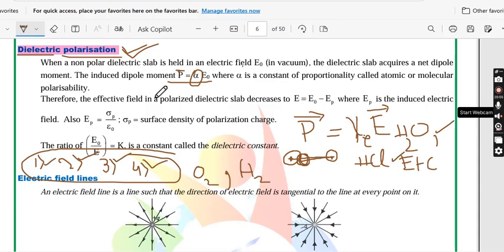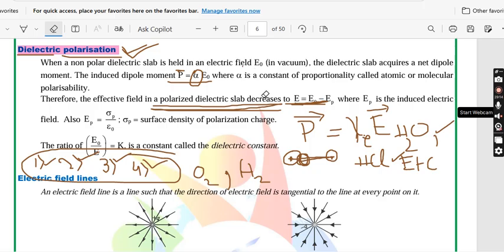Therefore, the effective field in a polarized dielectric slab decreases. After acquiring the net dipole moment, the electric field is E equal to E naught minus EP.